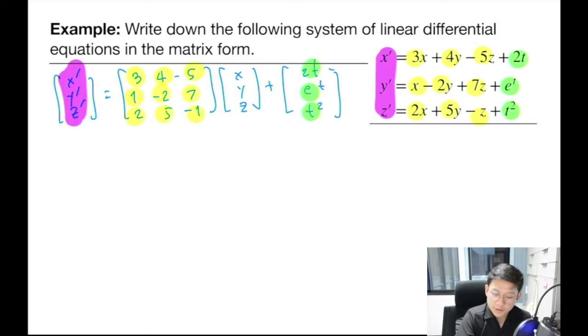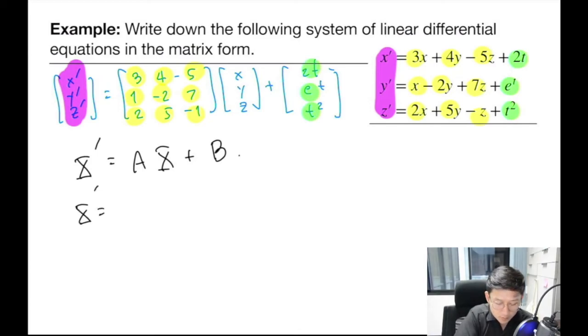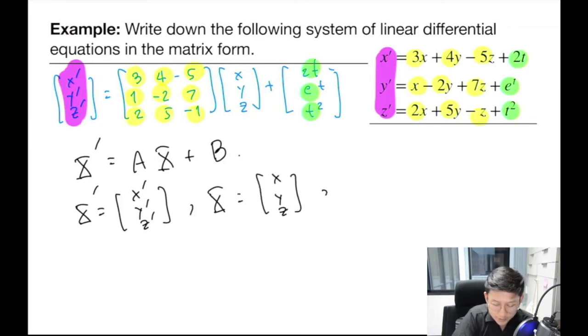So this system can be written as x prime equals Ax plus b, where x prime would be x prime, y prime, z prime. X is x, y, z. A is 3, 4, minus 5, 1, minus 2, 7, 2, 5, minus 1.